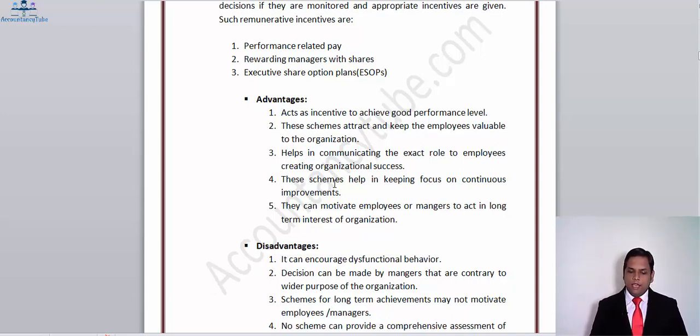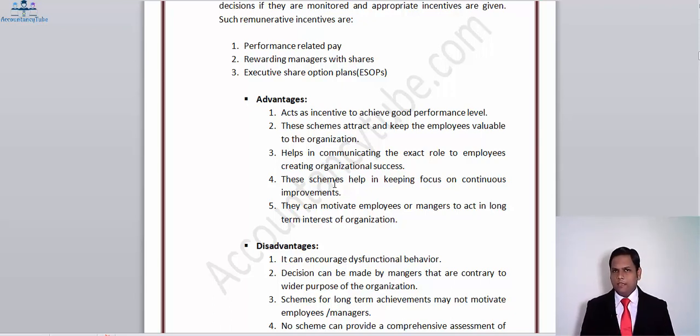Advantages: they act as an incentive to achieve a good performance level. That's the basic thing. It's obviously the reason why we put this plan in the first place, to get the best out of them. The second advantage: schemes attract and keep employees valuable to the organization.